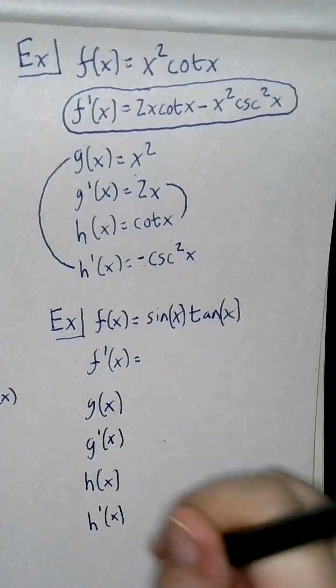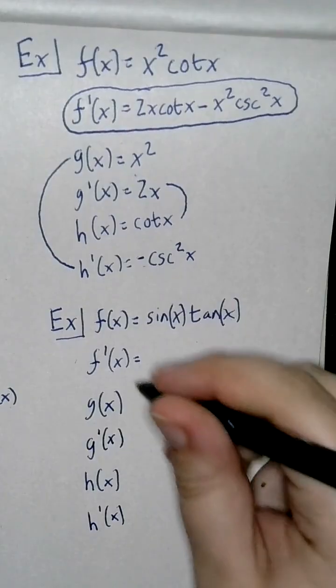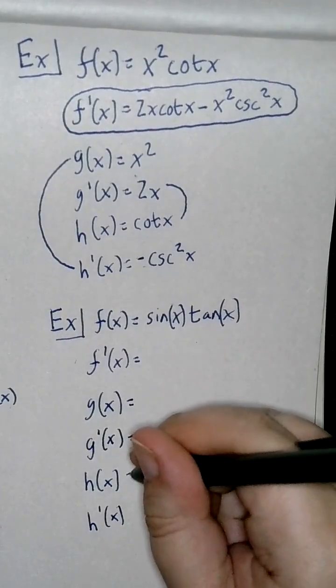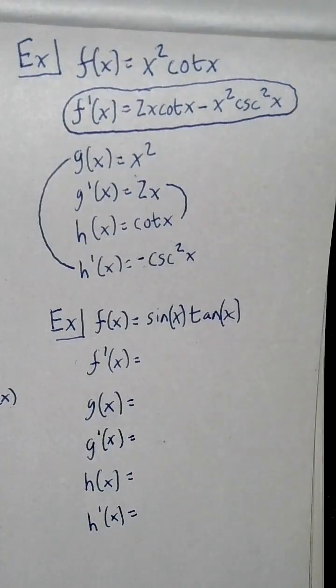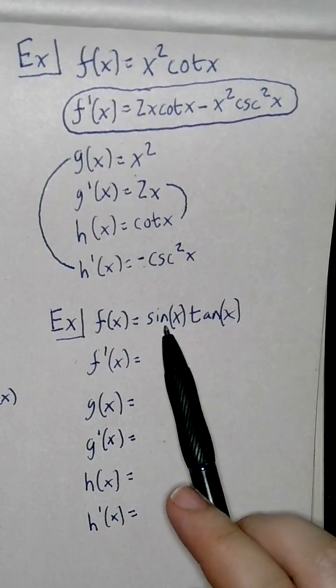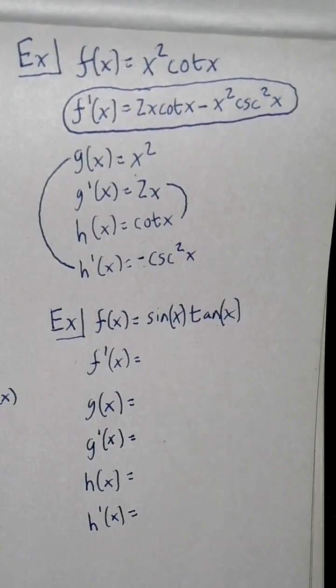H prime of x. So, what should I call g of x? Should I call it sine of x or tangent of x? Is this product rule?